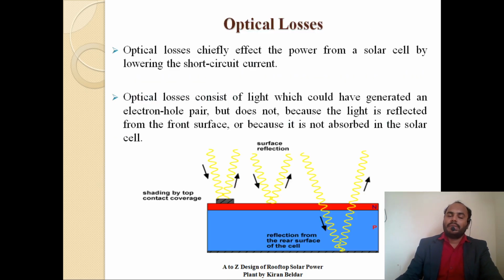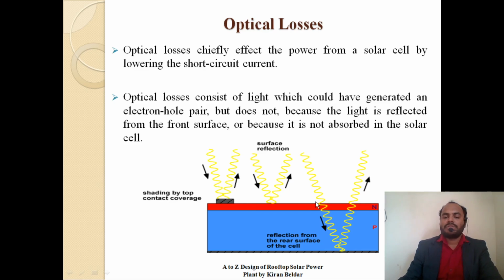Basically, optical losses are the losses that occur when sunlight falls on a solar cell and, due to reflection from the solar cell, the light is getting reflected. In this diagram, the front surface, this top metal coverage, is nothing but shading over a solar cell. When light falls, it gets reflected from this side.